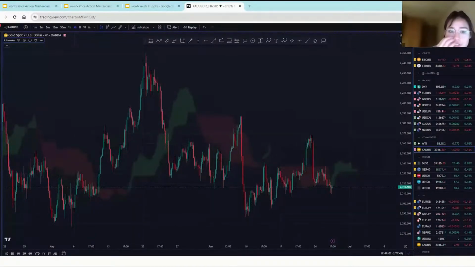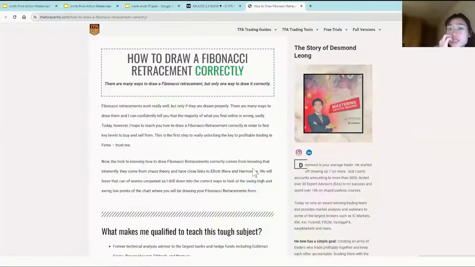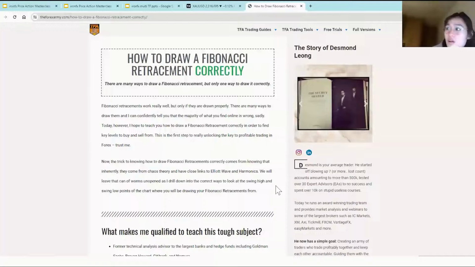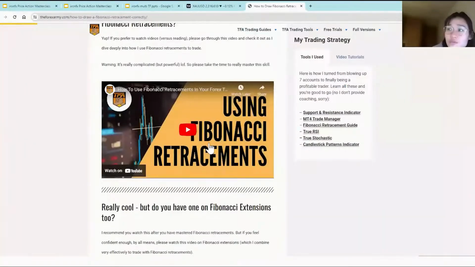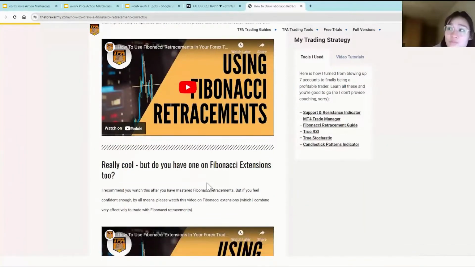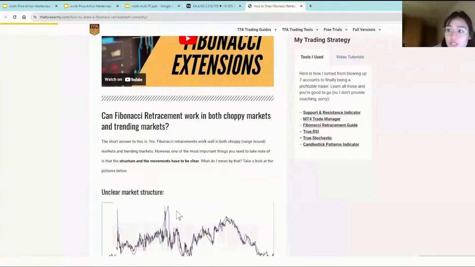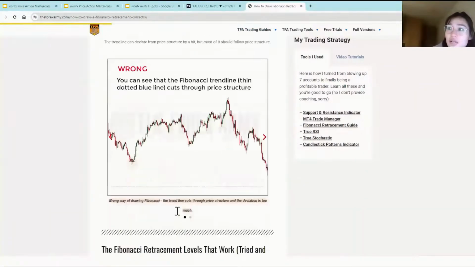For Fibonacci, which I didn't really have time to talk about in depth today, but I did mention it in our price action, you can take a look at this website. It's a free website to use, forexarmy.com. You can look at some free videos that we have on YouTube on retracements, extensions, some guidelines.